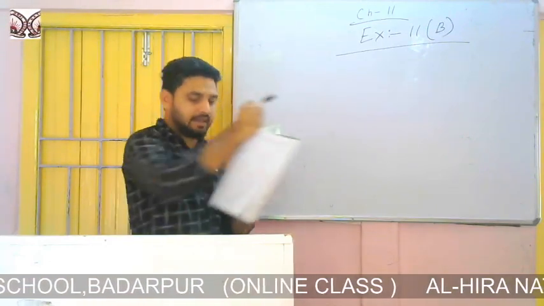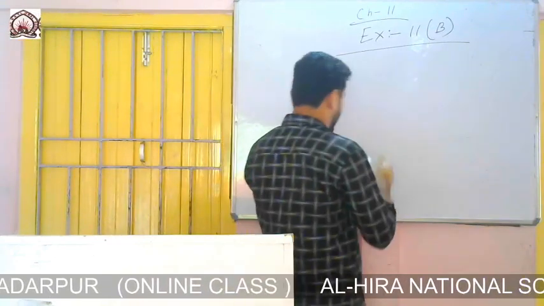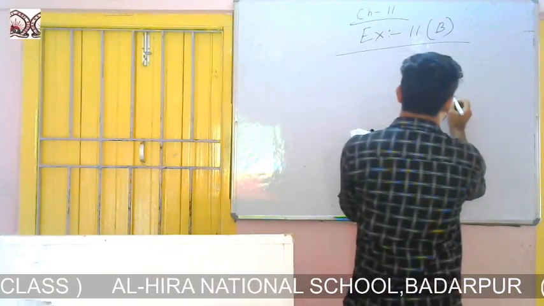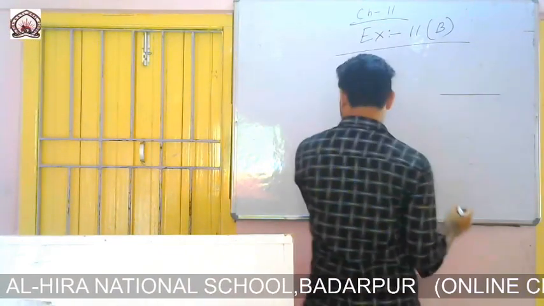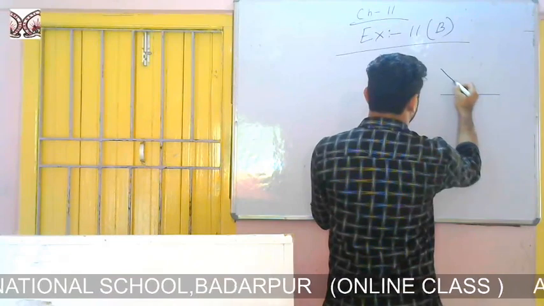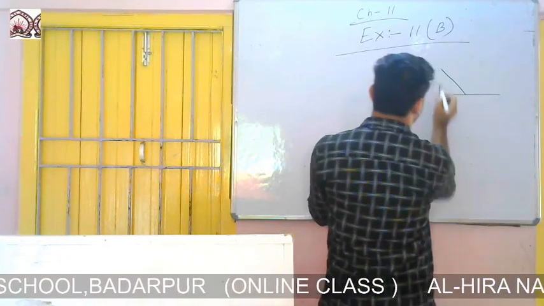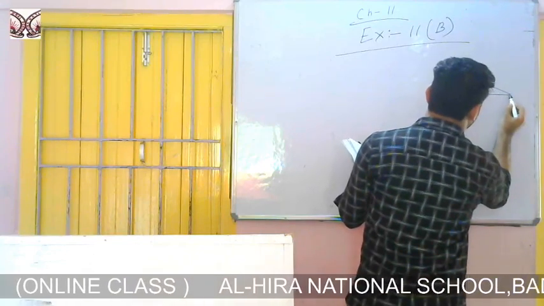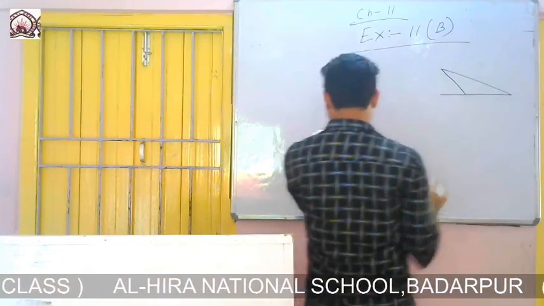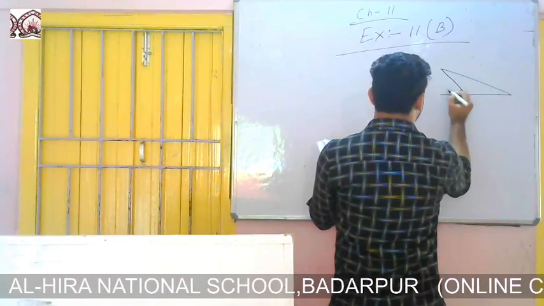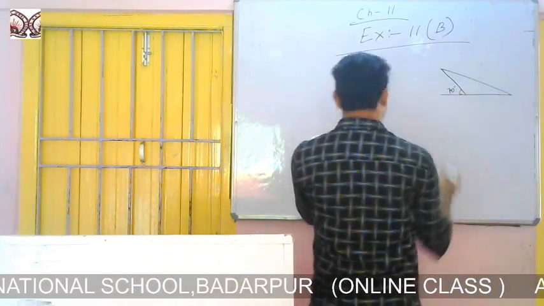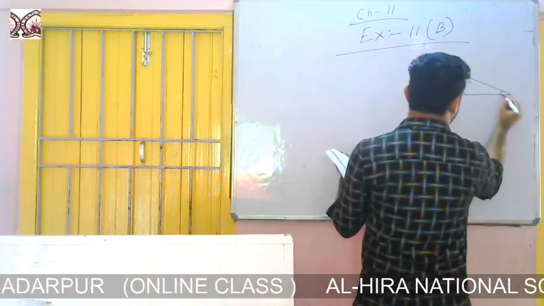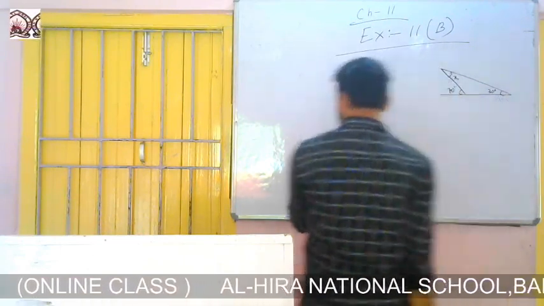Let me draw the figure. The measure of this angle is 70 degrees, and that is x, and this angle is 30 degrees.